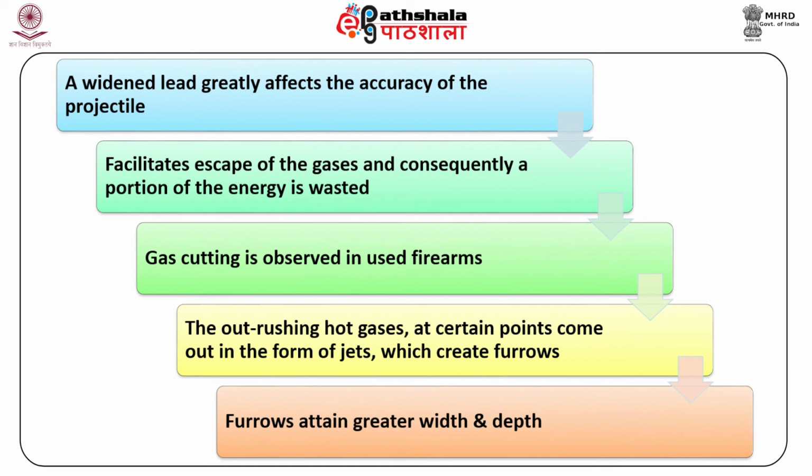The outrushing hot gases at certain points, either due to some deformity in the projectiles or erosion of the lead, come out in the form of jets, which create furrows.